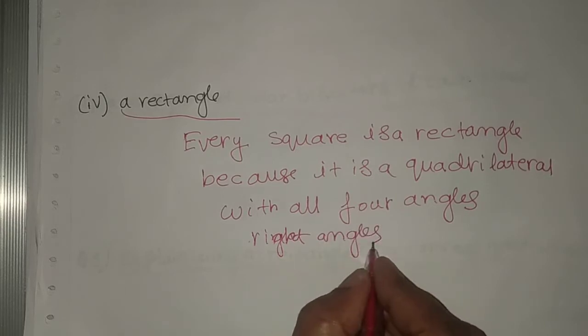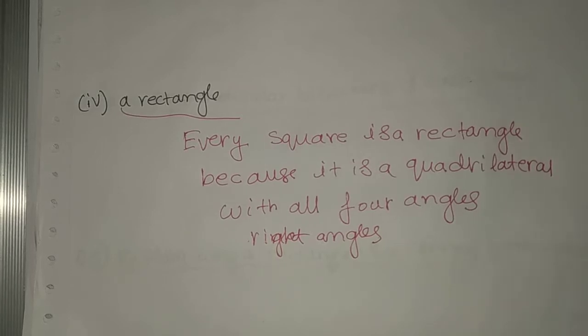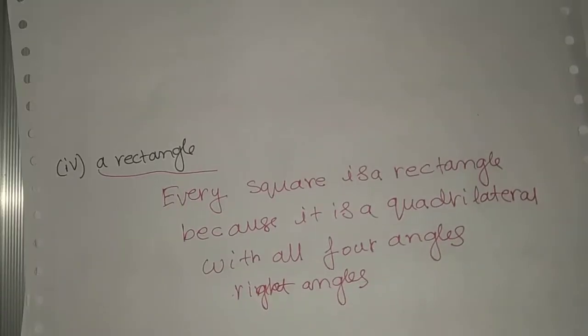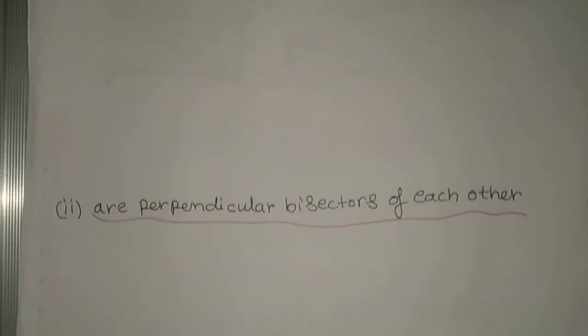So this is the one point for both rhombus and rectangle. So next we move on to the next part, that is question 4. So this completes question 3. We move on to question 4.